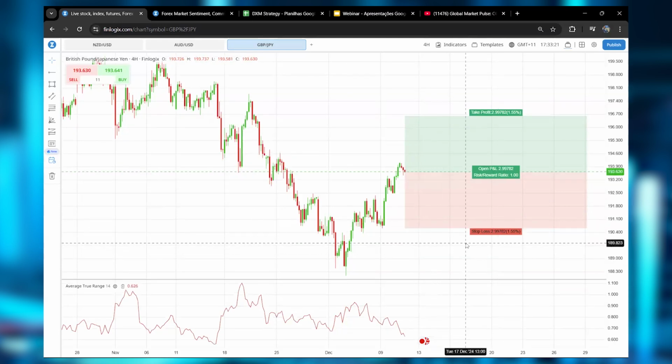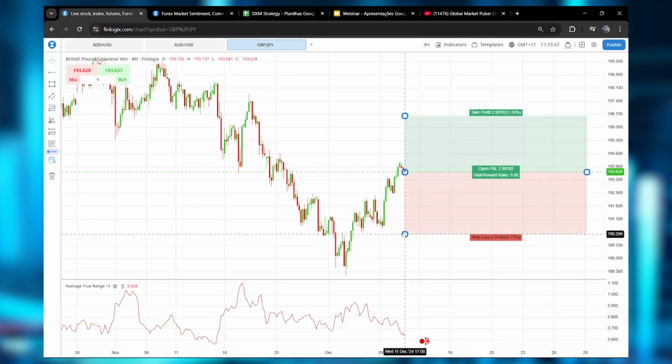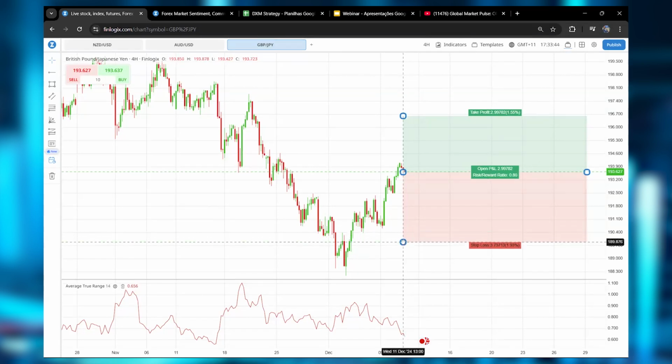Okay, so 626 times 6, that's 3,756 points on stop loss. So 350 pips should be fine.